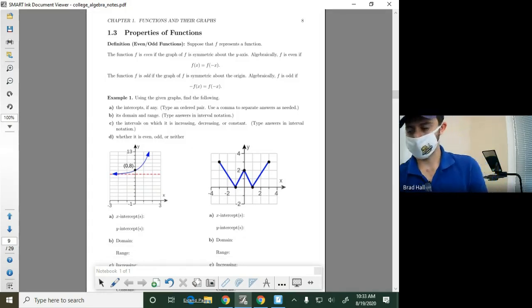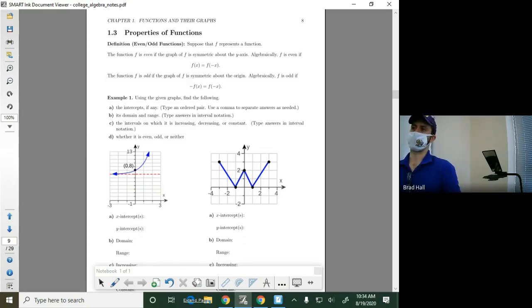And we start off, so this is us slowly combining more characteristics about functions, one of which being this idea of even and odd functions, which isn't really a step further from anything we've talked about. Even and odd deals with symmetry.